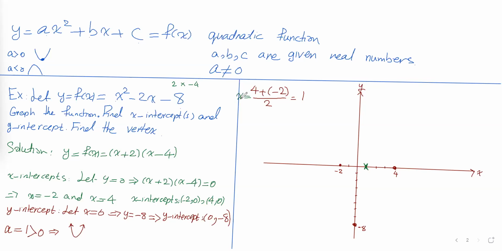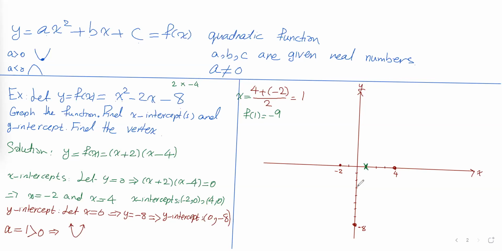Okay. Now I'm going to find f of 1. What is f of 1? You can put it either here or here. 1 minus 2 minus 8. 1 minus 2 is -1, minus 8 is -9. Right?